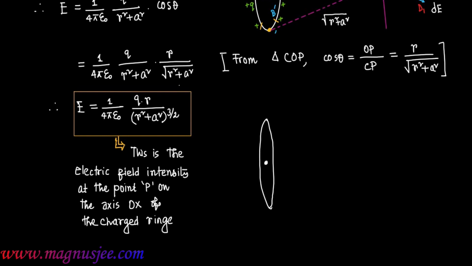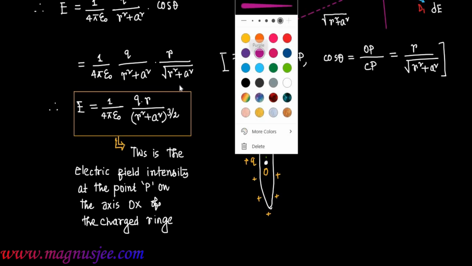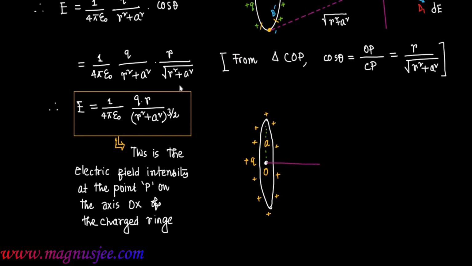This is the uniformly charged ring, O is the center of the ring, the radius of the ring is small a, and positive charge plus Q is uniformly distributed over the circumference of this charged ring.